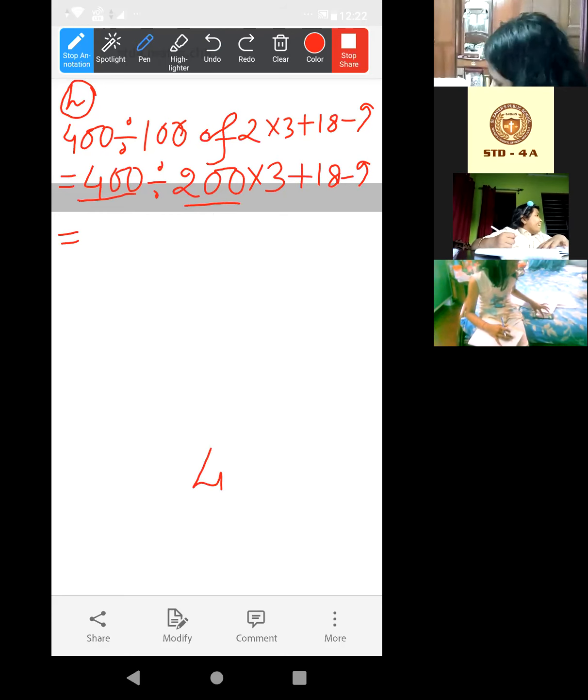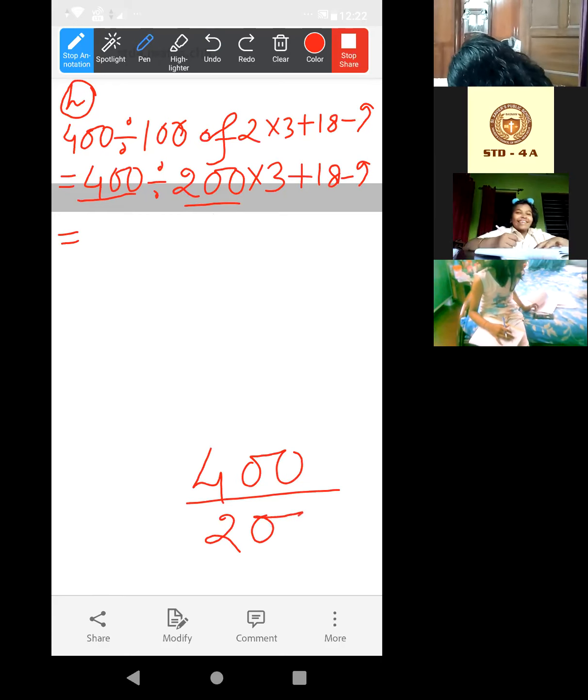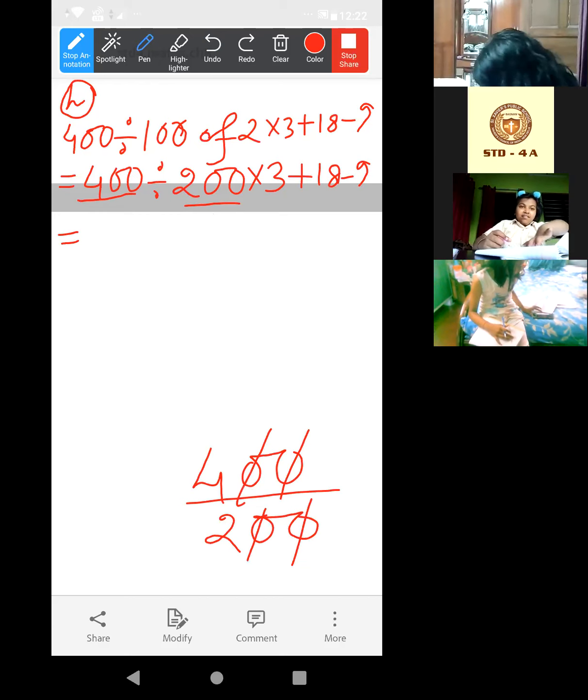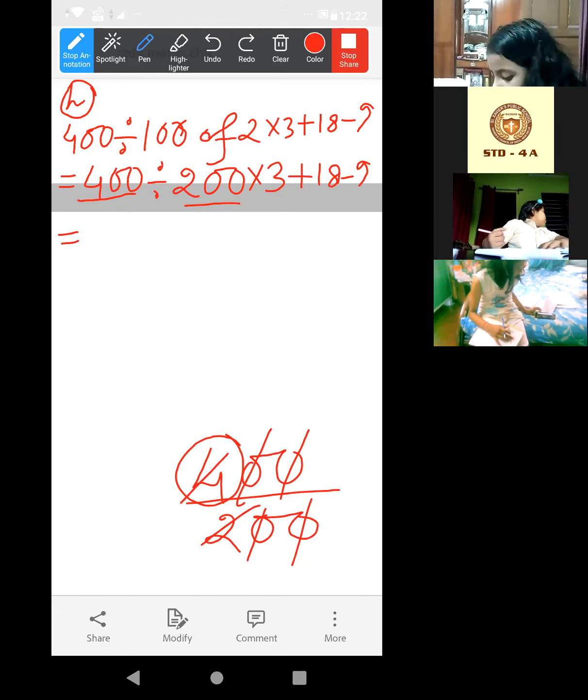How to divide this in short form? Look at this. 400 divided by 200. This 0 will be cancelled out. Now just by 2, we have to divide 4. 2 2s are 4. Got it too? So this will be 2 into 3.